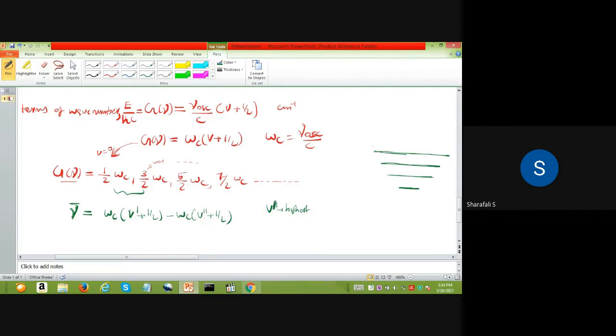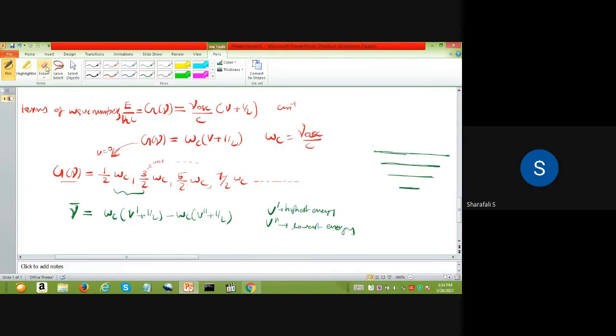Sorry, this V dash is the highest energy level. You have to subtract from the highest to lowest. Okay, so this V dash here is the higher energy level, and V double dash is the lower energy level.